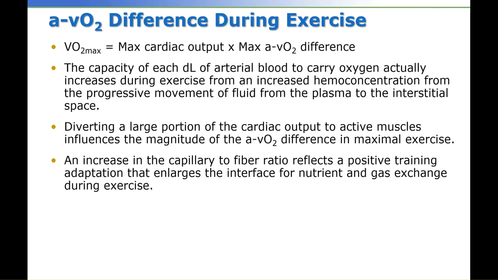An increase in the capillary to fiber ratio reflects a positive training adaptation that enlarges the interface for nutrient and gas exchange during exercise. So if blood flow were the only means to increase the tissue's oxygen supply, cardiac output would need to increase from 5 liters at rest to 100 liters in maximal exertion to achieve the 20-fold increase in oxygen uptake that's necessary, okay?